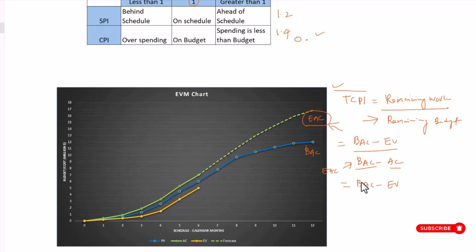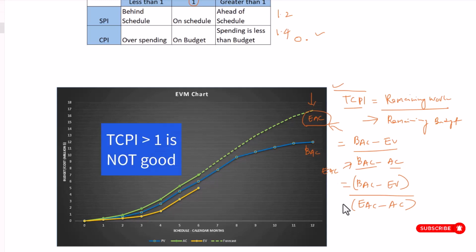So BAC minus EV will give us the pending work, the remaining work we need to accomplish, divided by EAC minus AC instead of BAC minus AC. So this is another way to calculate TCPI in case you want to consider the EAC as an input. All right. So that's about TCPI calculation.